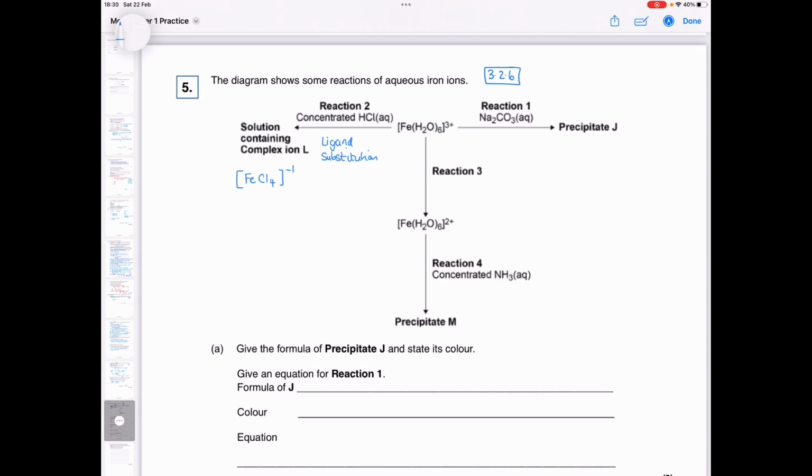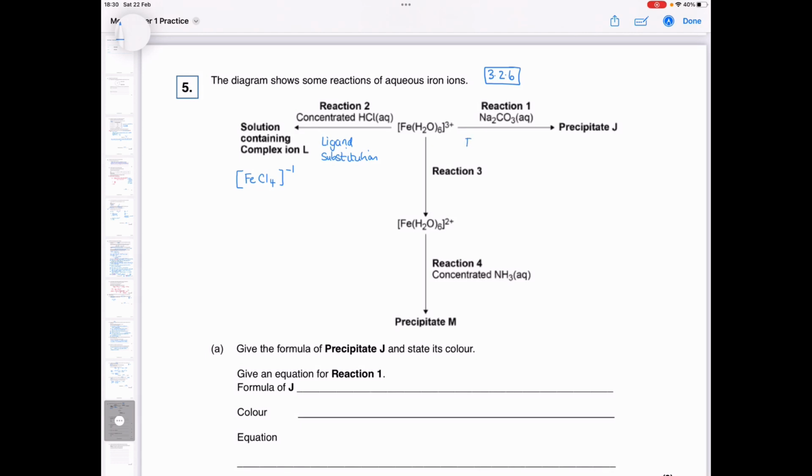Reaction 1 is a precipitate. So the iron hexaaqua 3+ ions are going to act as acidic ions. So they're going to do a neutralization reaction. And they're actually going to form the hydroxide complex.